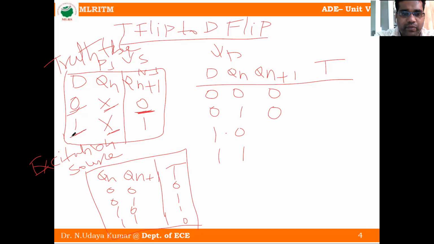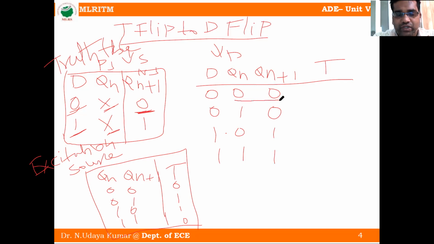If the D flip-flop input is D equal to 1, we will get 1. Whatever input we give to the D flip-flop, it will appear at the output as the next state. That's why it is a transparent flip-flop. Then here 0, 0.